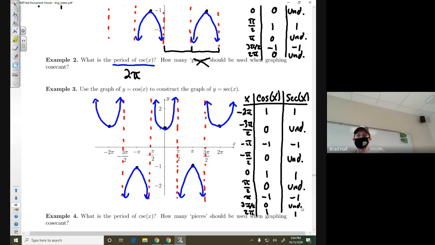This makes sense in terms of the comparison between secant and cosecant, because they are co-functions, which means if you take one of them and shift it pi over 2 radians, really to the right, then they would overlap each other.